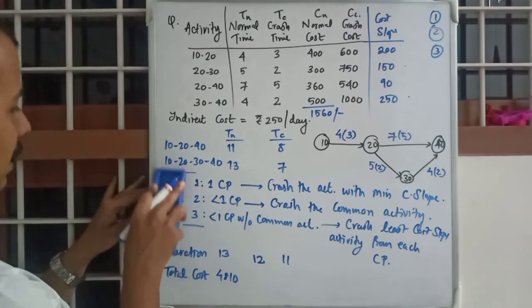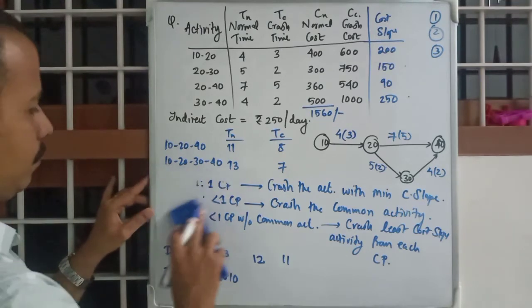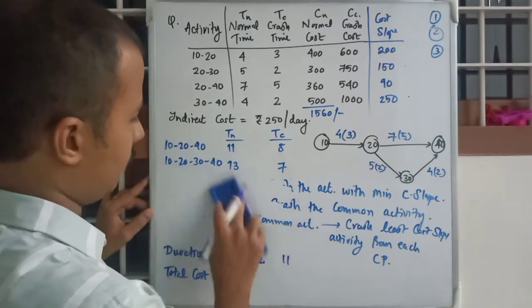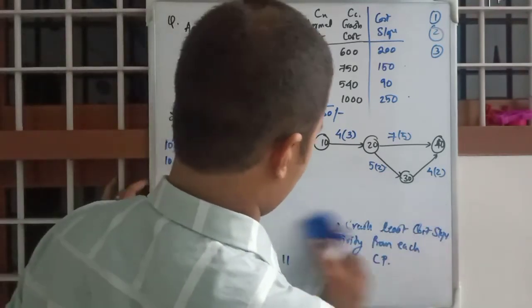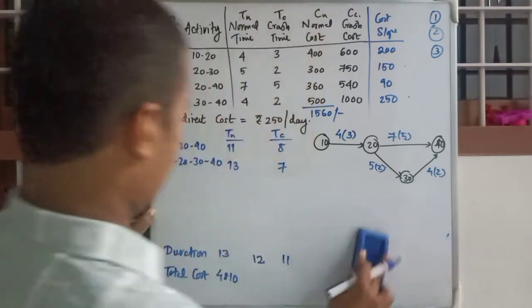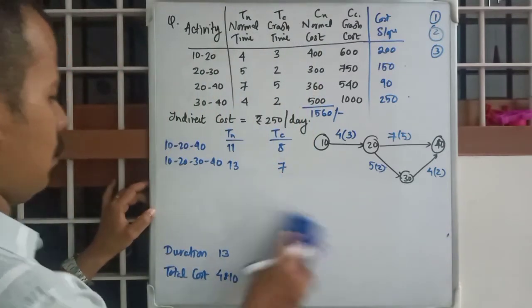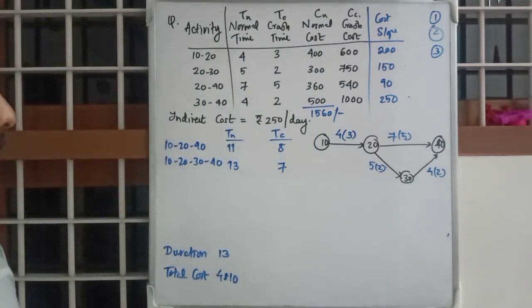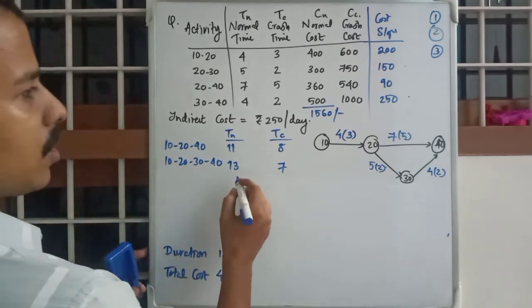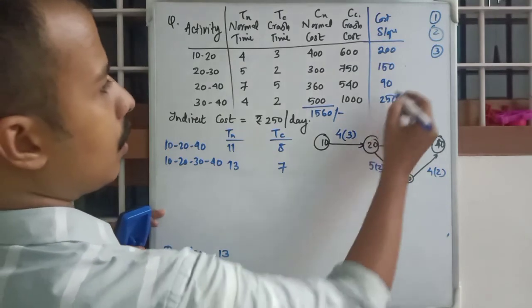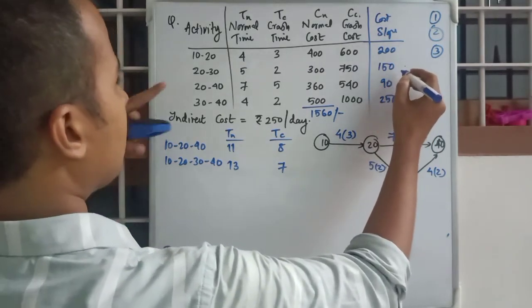So moving on with our example. Okay, so now we have decided what to do. We will just take 2030.